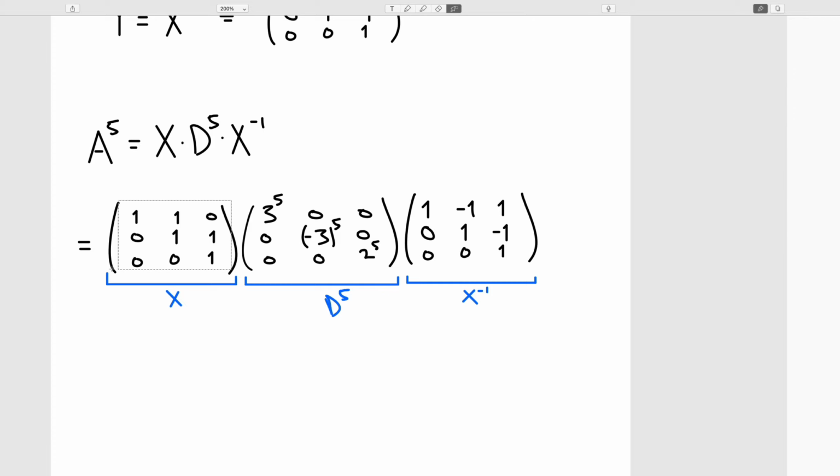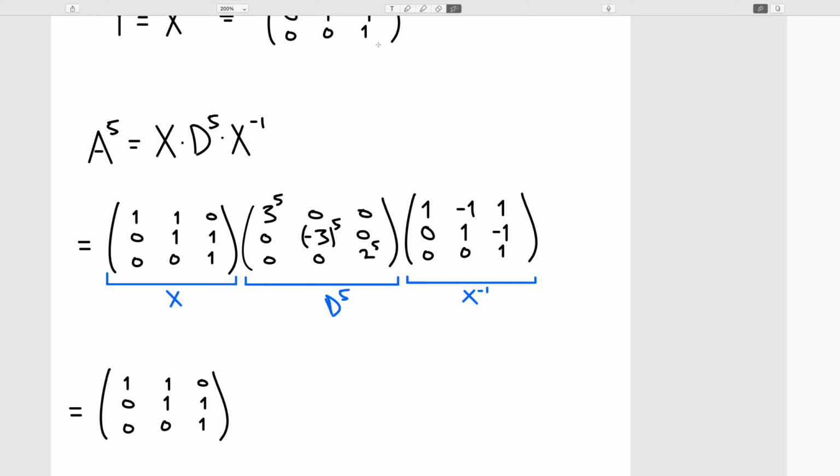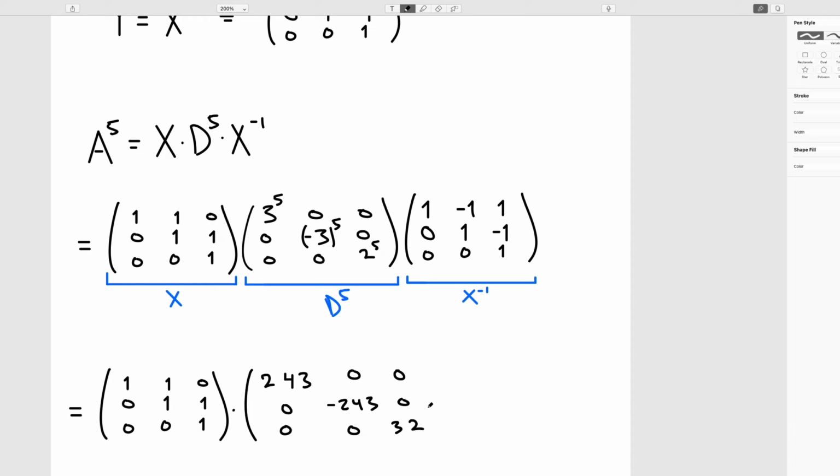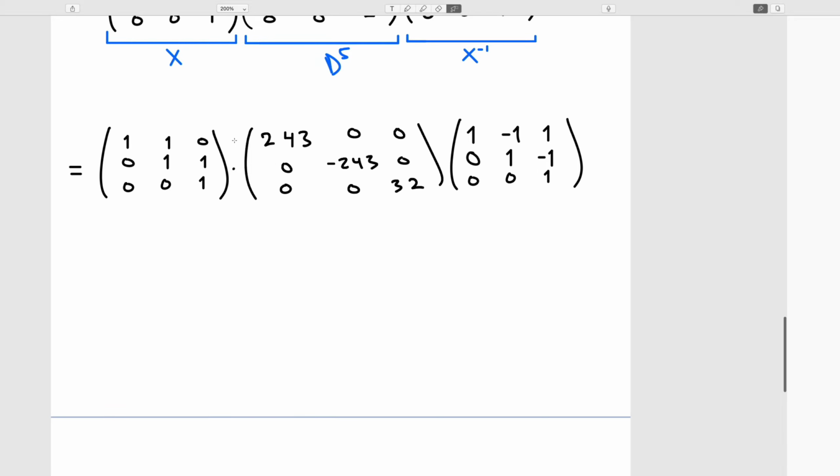Now I've been doing everything by hand, which is fine. But at some point it might be smart to use a computer. So we have 243 here, 0, 0, 0, negative 243, 0, 0, 0, 32, times this inverse matrix. So I'll copy that right there. And let's see how far we can go without a calculator.